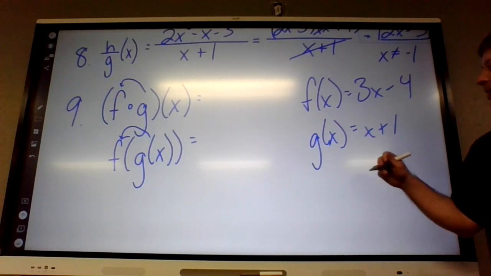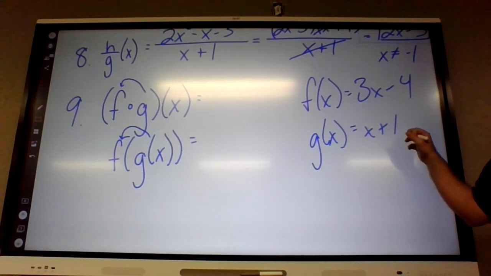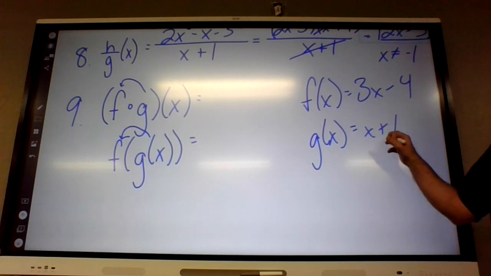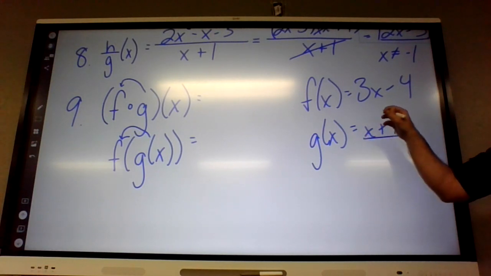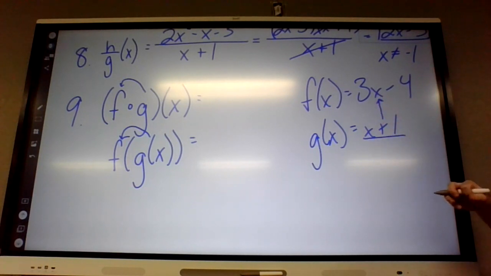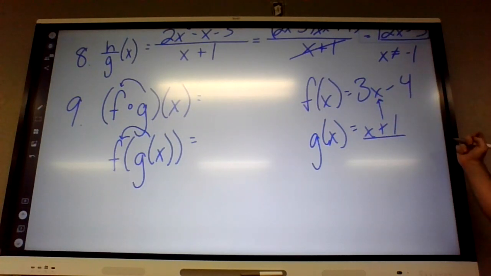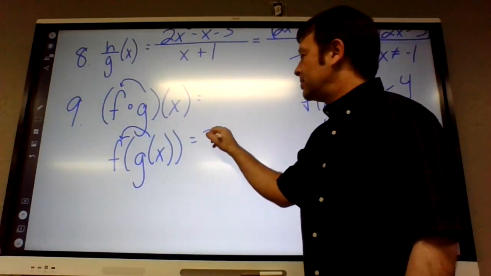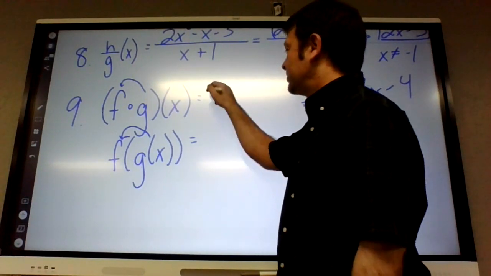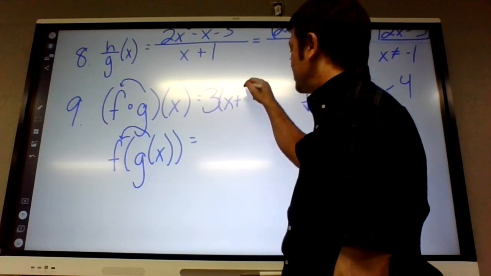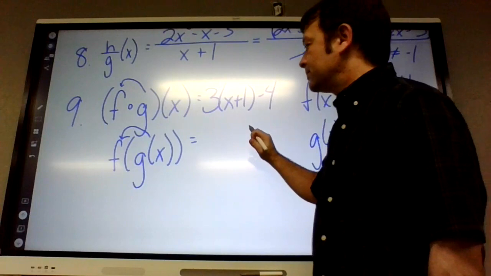Okay, so you guys remember substitution, right? So g of x, this x plus 1 thing, is going to go into the f function where x used to be, right there. So it's going to be 3 times x plus 1, minus 4.